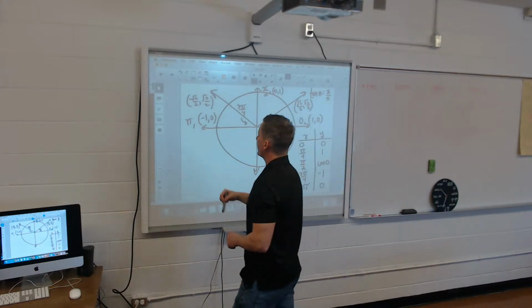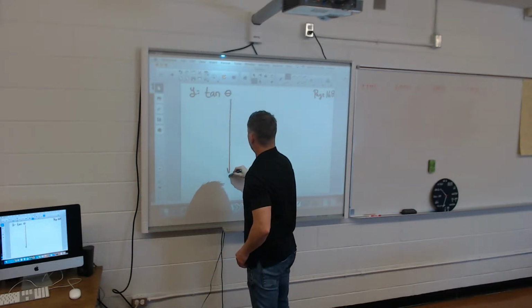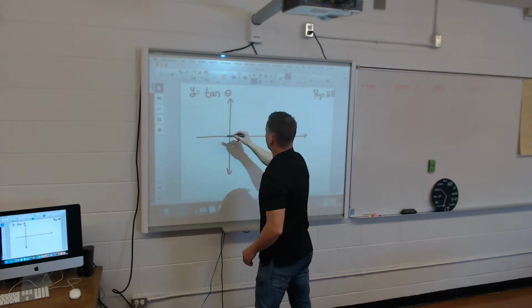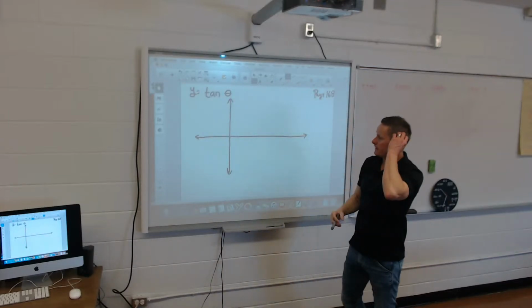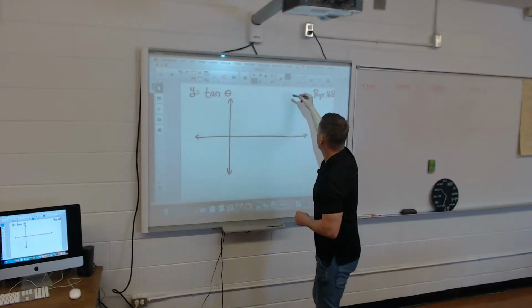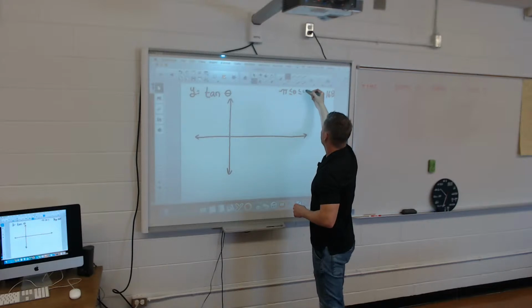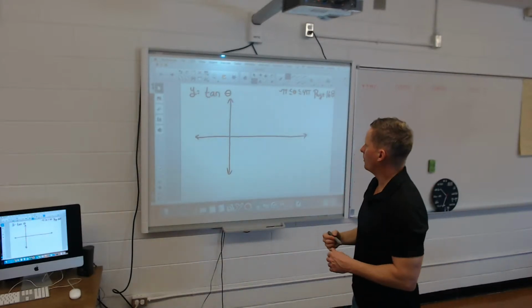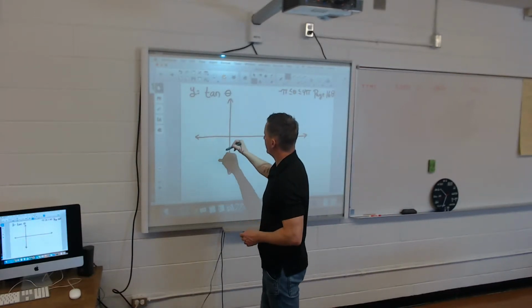So when I'm graphing my tan, all right, on page 168, they want us to graph tan from minus pi to 4 pi.